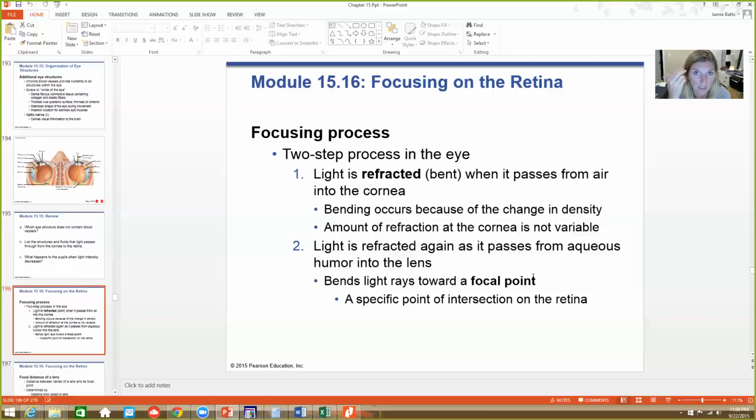So it can predict and know that. High functioning here. So light is refracted as it moves through all of the parts of the eye. Bending occurs because of the change in density of the medium, because light is an energy wave. So as it moves through a different medium, it's going to slow down or speed up.